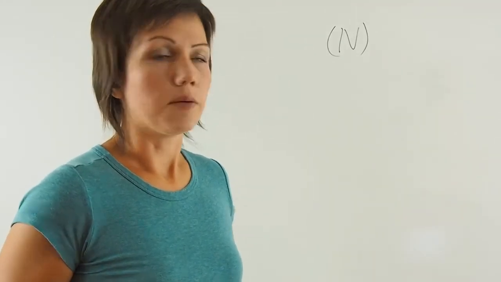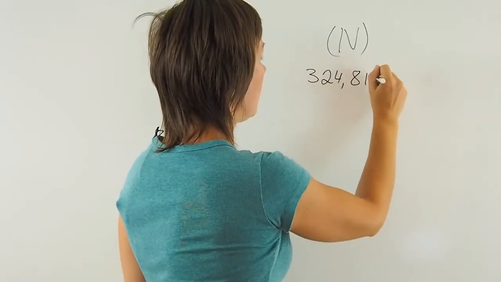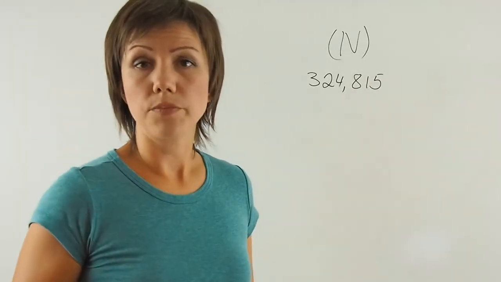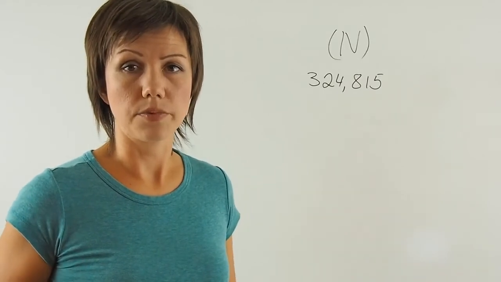Let's look at a bigger number, 324,815. This number can be broken down into the sum of different numbers that it is comprised of.